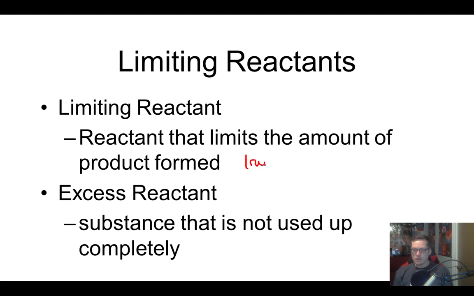In the case of our sandwiches, our cheese was our limiting reactant, the thing that we ran out of first. Our excess reactants are the substances that are still left because they didn't have enough things to react with. These are the leftovers, if you will. In the case of our restaurant, it was the bread and the turkey.